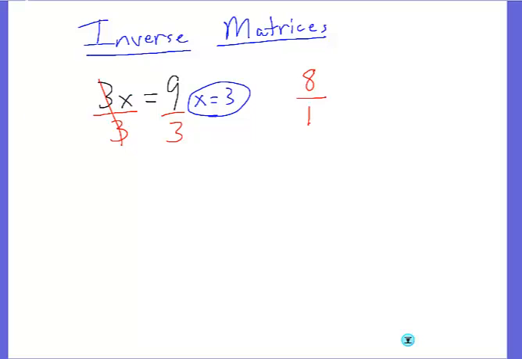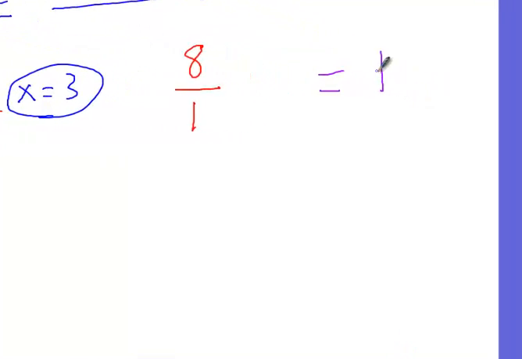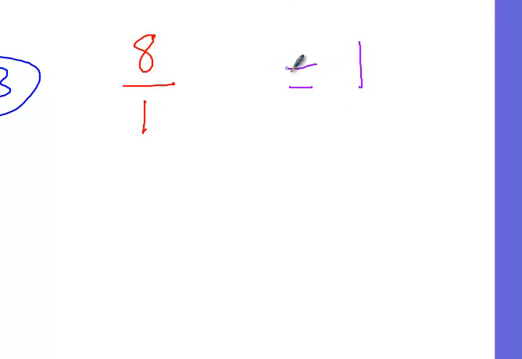Or, if we talk in more math terminology, the inverse property of multiplication basically says that if we have 8 over 1, we need to find something we can multiply it by so our answer is just 1, the identity of multiplication. So what can we multiply 8 over 1 by to get 1?